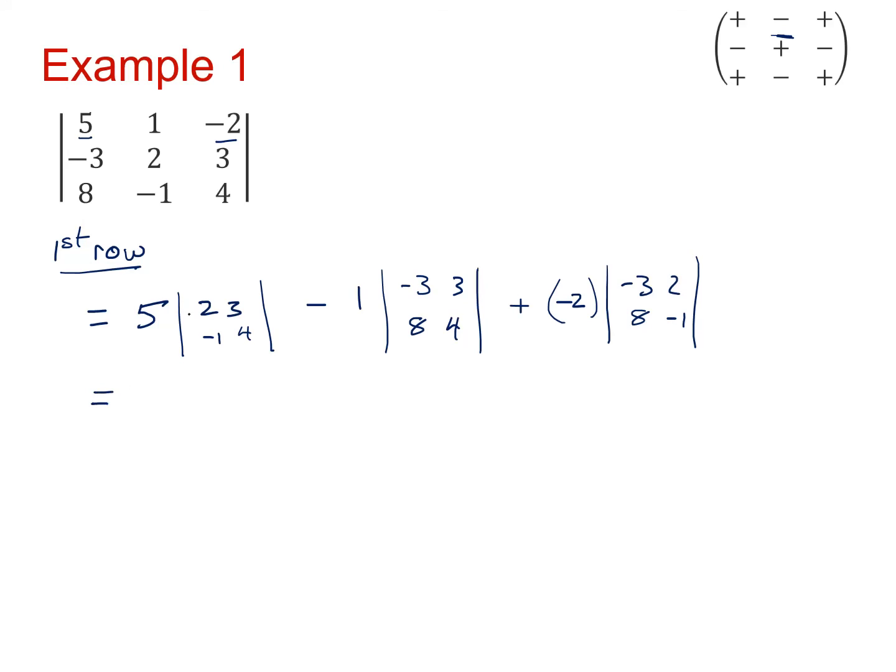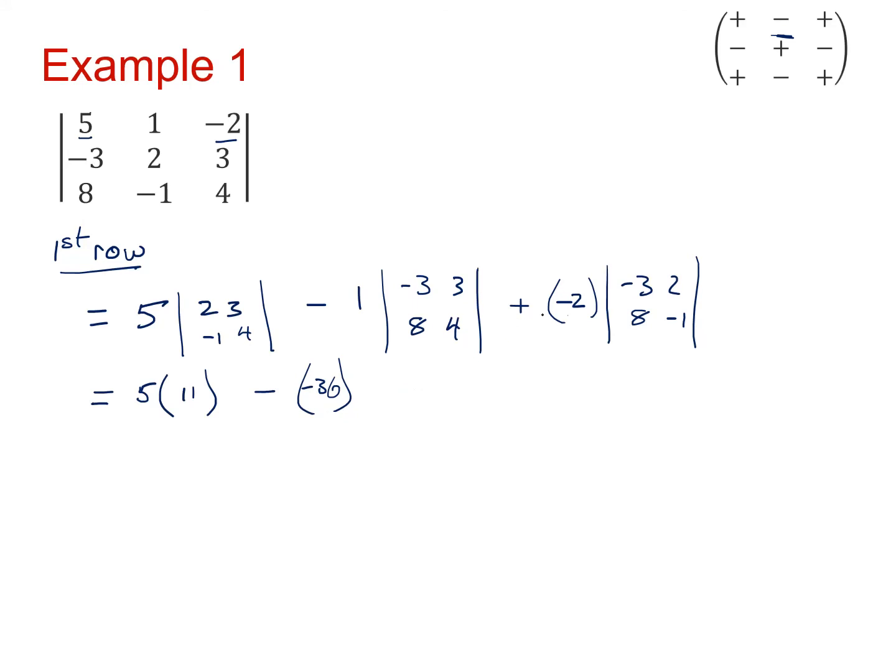So if I work those out, this is going to be 5. So that's going to be 8 plus 3 is 11. And then I get minus, that's minus 12, take away 24, so that's minus 36.